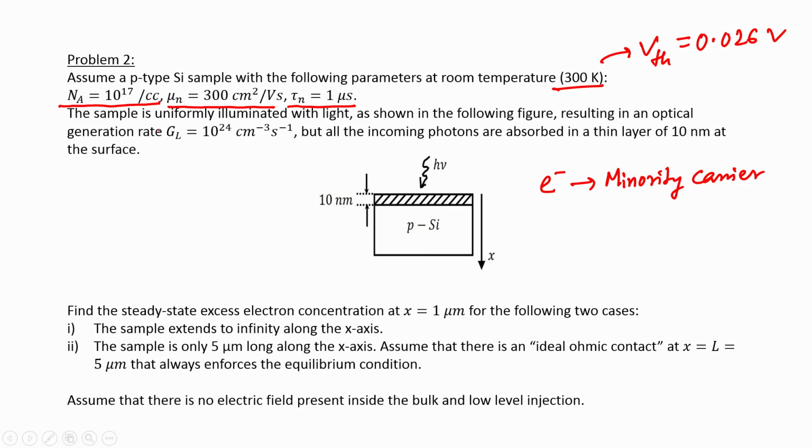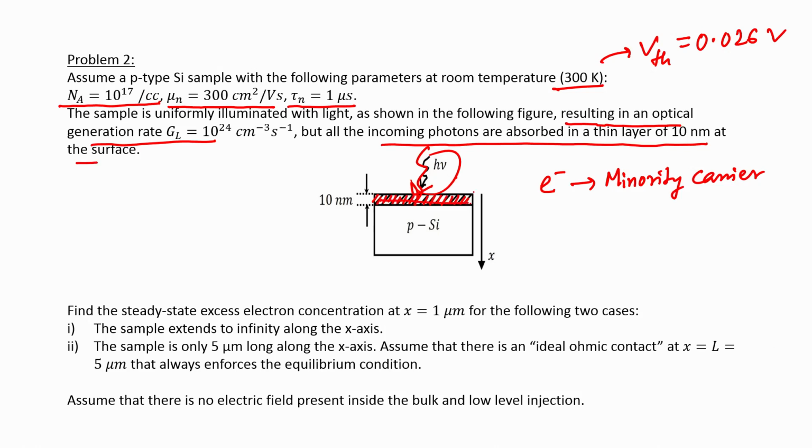Now the sample is uniformly illuminated with light from the top, as shown in this figure. Here light is coming in and photons are absorbed, so electron hole pairs are generated. The optical generation rate is also given: GL is 10 to the power 24 per centimeter cube per second. One constraint given is that the incoming photons are absorbed in a thin layer of 10 nanometer at the surface. So if we assume a 10 nanometer thickness at the surface, all the photons are absorbed over this layer.